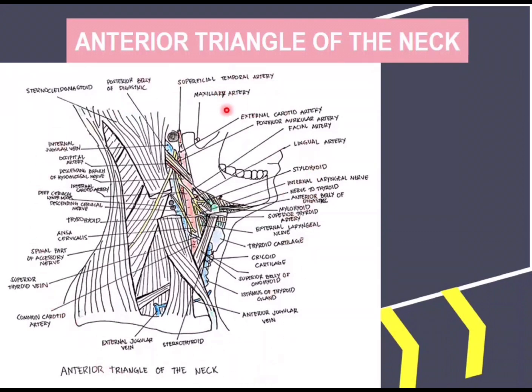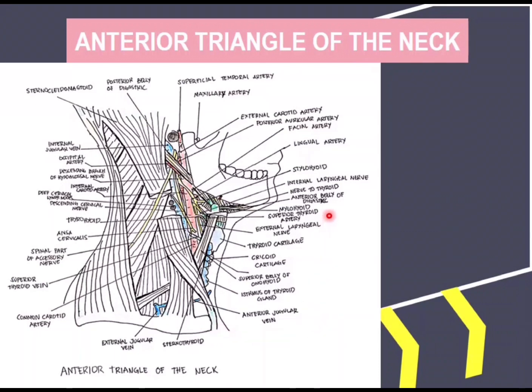On the other hand, the posterior triangle is bounded posteriorly by the trapezius muscle, anteriorly by the sternocleidomastoid muscle, and inferiorly by the clavicle. The posterior triangle of the neck is further subdivided by the inferior belly of the omohyoid muscle into a large occipital triangle above and a small supraclavicular triangle below.